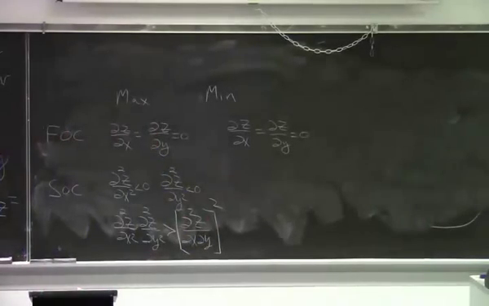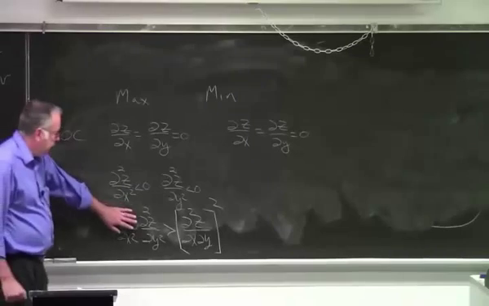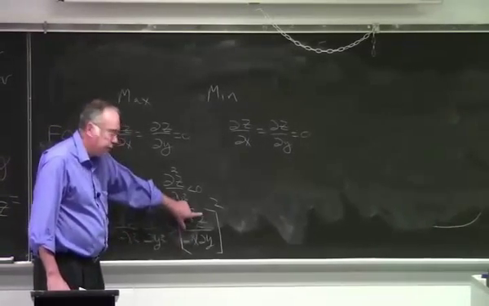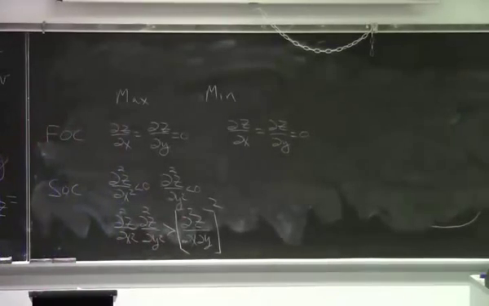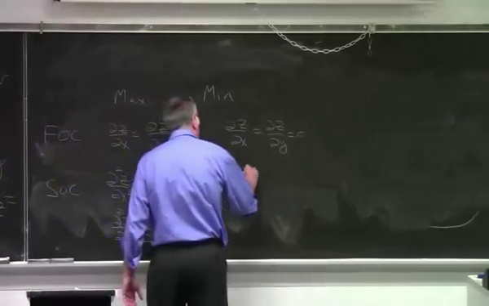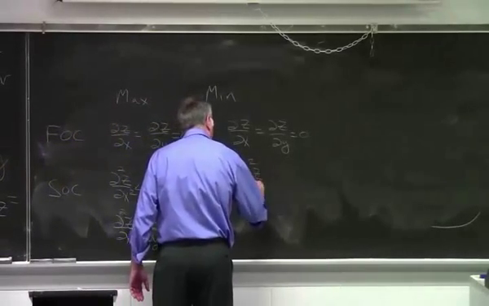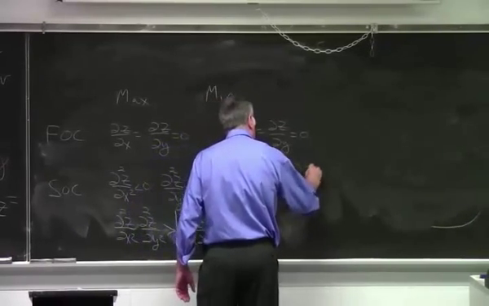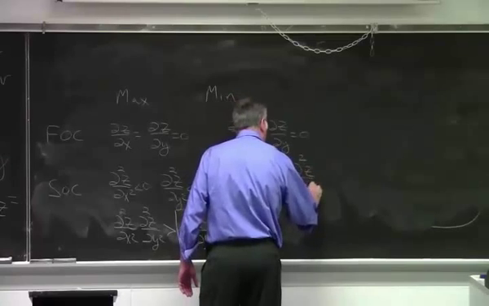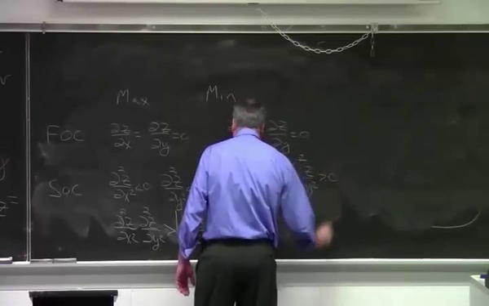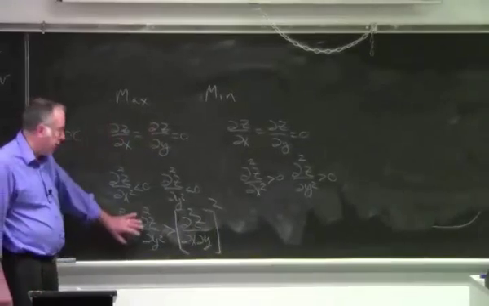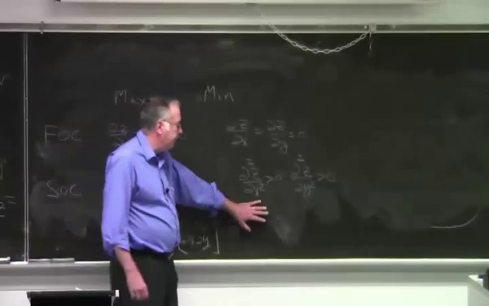The product of these two second derivatives has to be greater than the cross partial derivative squared. For a minimum, these two have to be positive. And this same condition down here has to hold. This part is the same for both the minimum and the maximum.